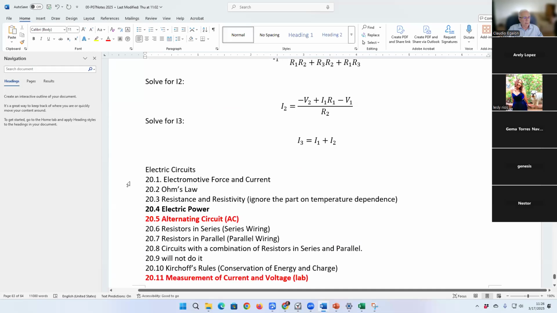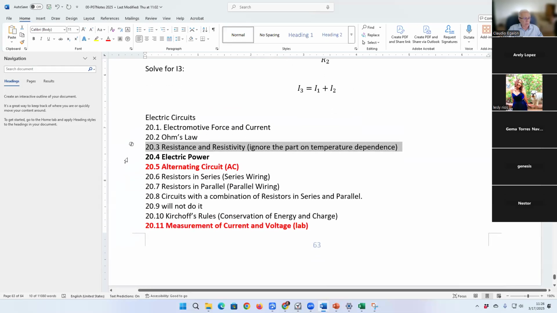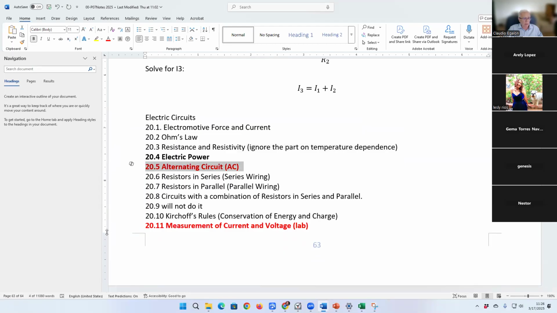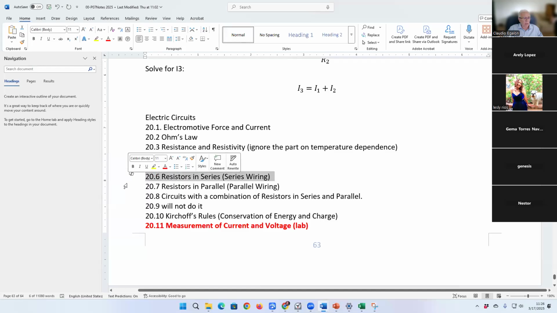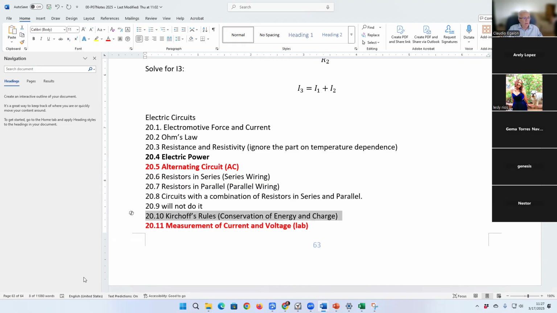Okay, here we go. We did electromotive force and current, Ohm's law, resistance and resistivity. We still didn't do electric power. We are going to do alternating current later on. We did this one. We did this one. Circuit. We did this one. We will not do 20.9. And here we go. We have this. We have done this one as well.